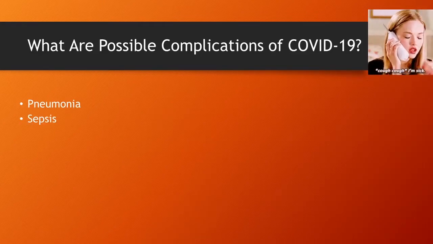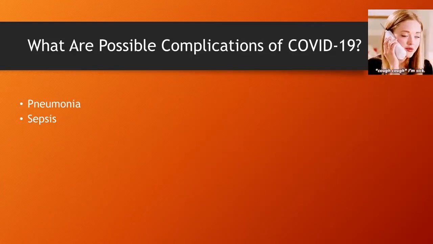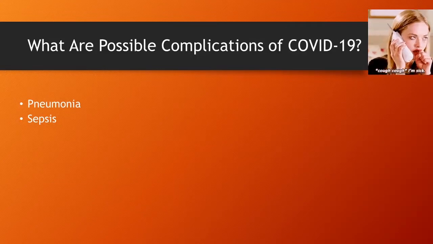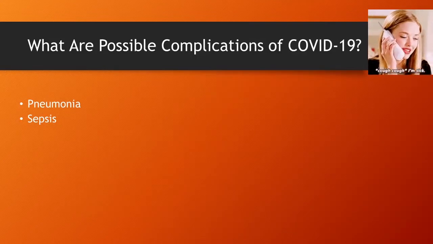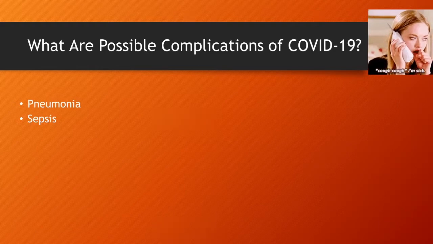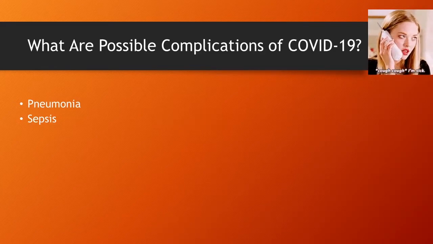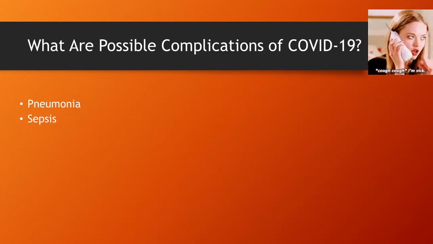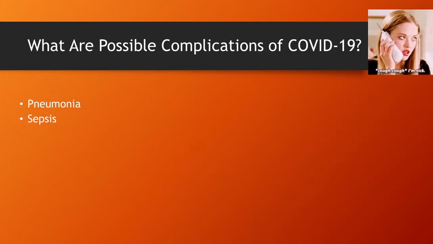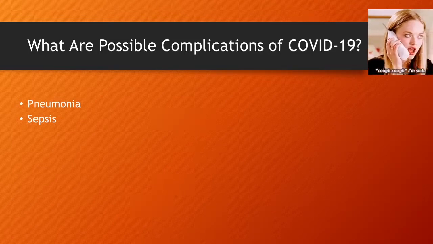Sepsis, which is basically once you start getting stuff into your blood, by stuff I mean bacteria, you will get a very strong overreaction of your immune system, and that can lead to sepsis, which can cause a lot of problems.